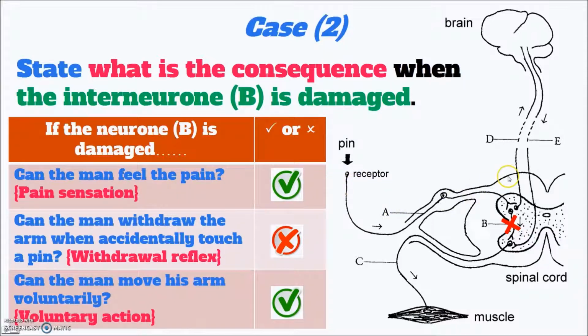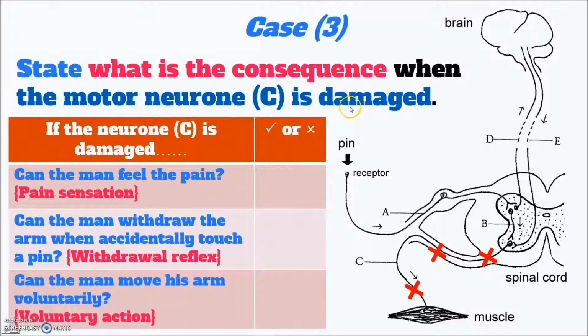Once he feels the pain, he analyzes, oh, why is my finger painful? And then he takes a look at his finger and finds that, oh, there is a pin. So he will withdraw his arm, move his arm voluntarily.